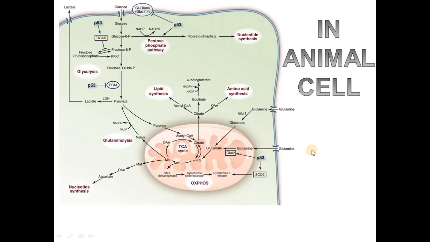Now, a pentose phosphate pathway also happens in animal cells. So when glucose, of course, we cannot create our glucose. If we want glucose, I usually eat chocolate. So the glucose from whatever chocolate I ate is going to go inside, and then it's going to go into glycolysis, and then I'm going to respire.